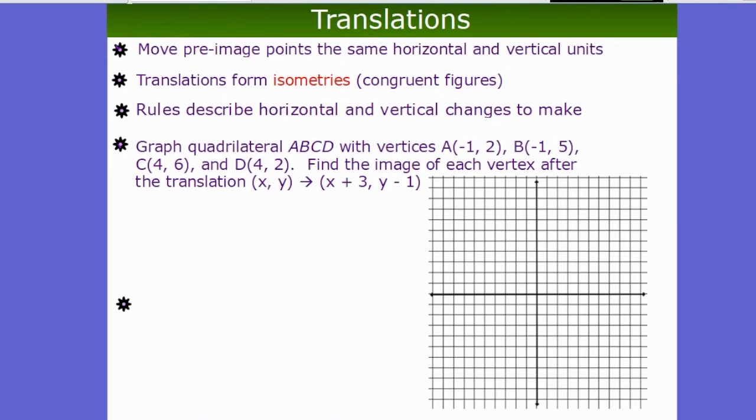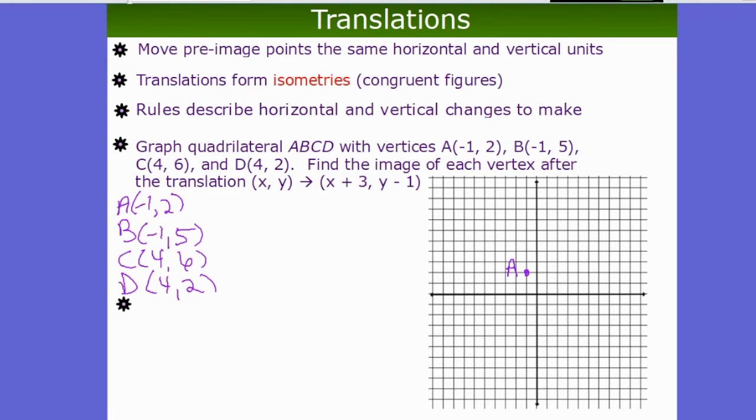Let's look at an example of what we mean by rules. I've got a quadrilateral ABCD, and these are the coordinates. A is -1, 2. B is -1, 5. C is 4, 6. And D is 4, 2. So we're just going to go and graph those. So -1, 2.